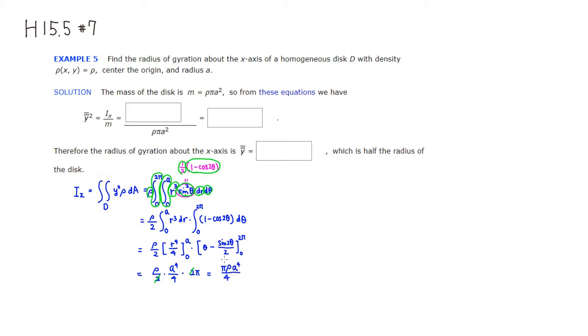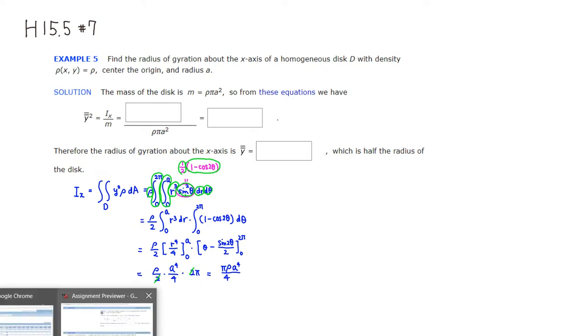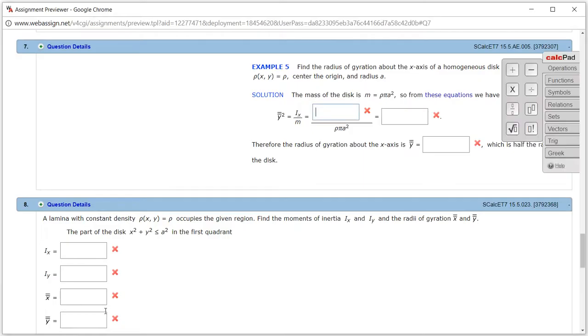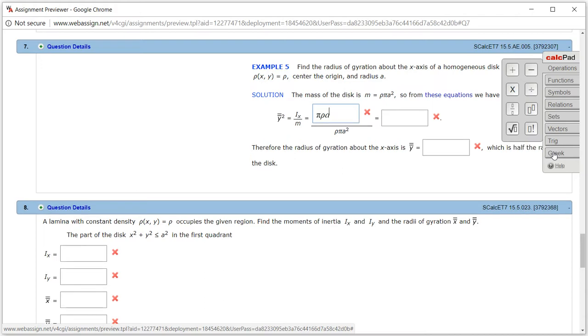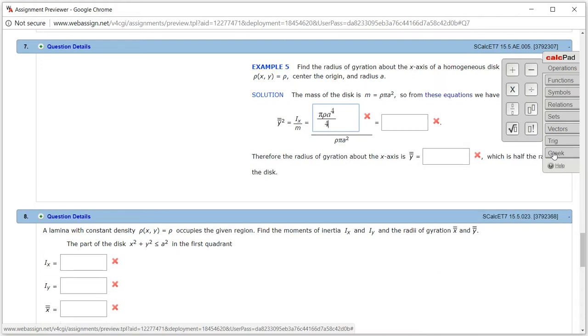So let's type it in. We have pi and rho, so I'm going to have to go to the Greek letter. Actually, I might be able to spell it. Rho, yeah. And a to the 4th power divided by 4. You can see that we can cancel pi's here, and we can cancel rhos, and we can cancel a squared.